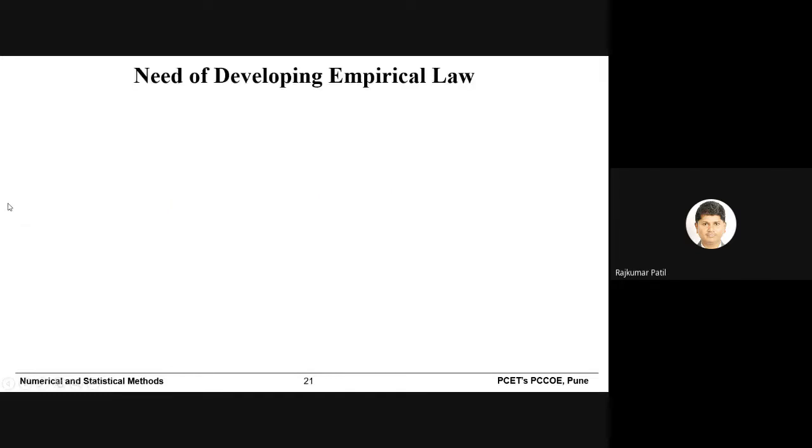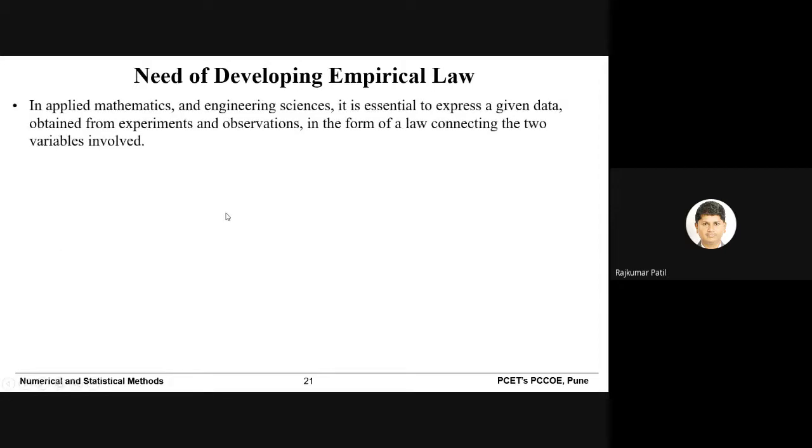Before we start, briefly we will recall the need of developing empirical laws. We discussed that in engineering, mathematics, social science, in most applications, we collect so much data, and from those data we need to find out the relationship between input and output.